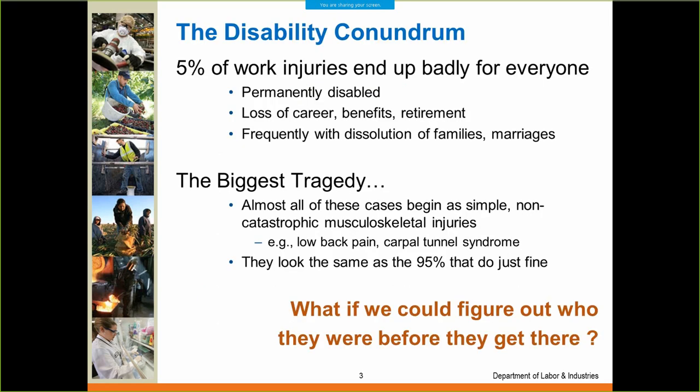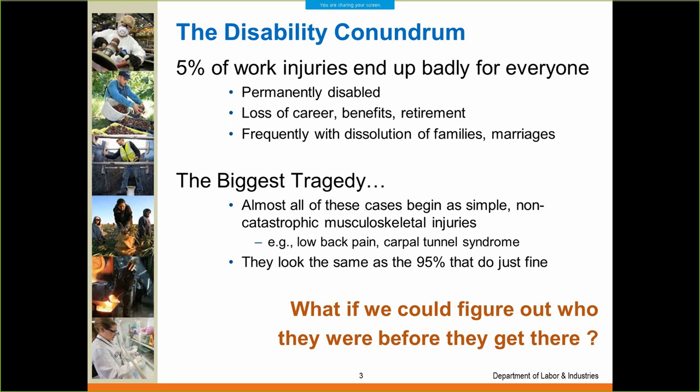So as you know, a very small percentage of work comp injuries become chronically disabled from their work injury. They're permanently disabled, they lose their career, their benefits, their retirement, frequently their family lives fall apart. But of this small percentage of workers who fall through the cracks, almost all of the cases begin as simple, plain vanilla, non-catastrophic musculoskeletal injuries, a back strain, a shoulder injury, carpal tunnel syndrome.